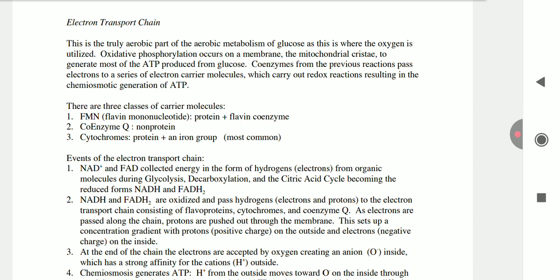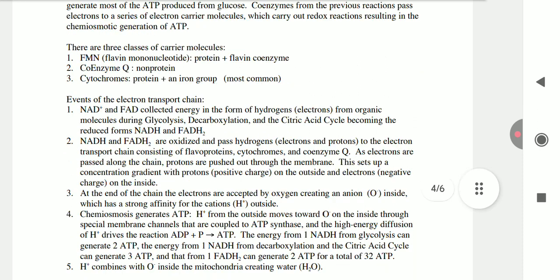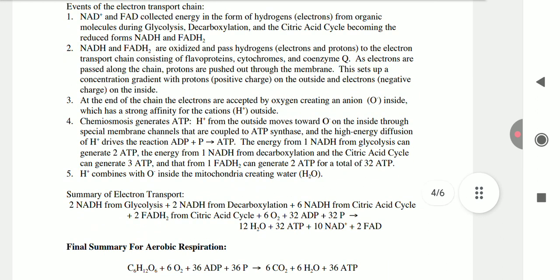Events of the electron transport chain: first, NAD positive and FAD collect energy in the form of hydrogen from organic molecules during glycolysis, decarboxylation and the citric acid cycle, becoming reduced to NADH and FADH2.